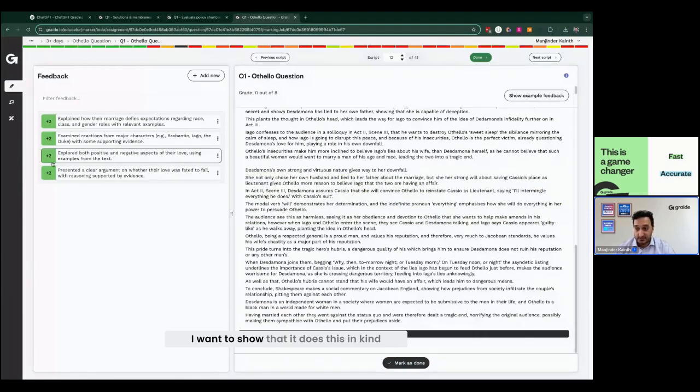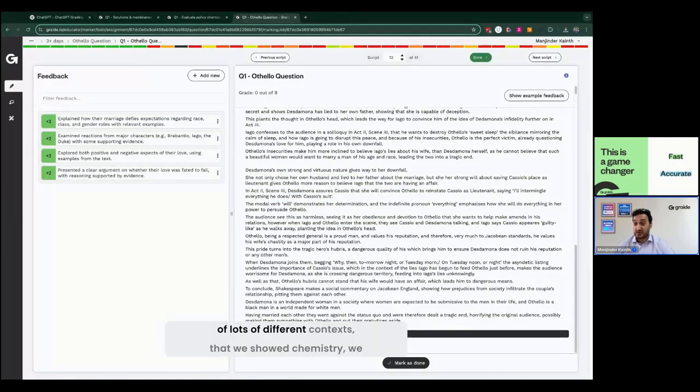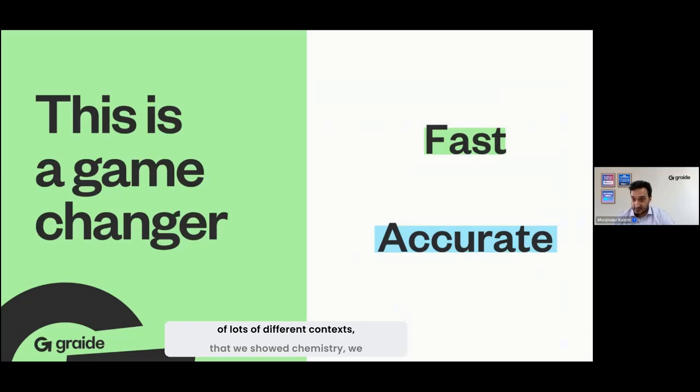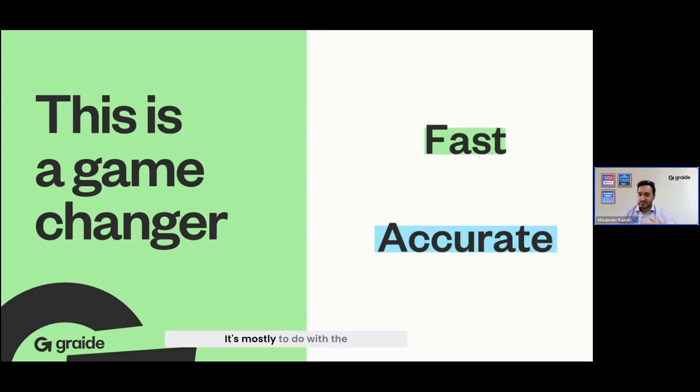I wanted to show that it does this in lots of different contexts. There we showed chemistry, some health and safety work, and English. All because it's mostly to do with the long form content of that component.